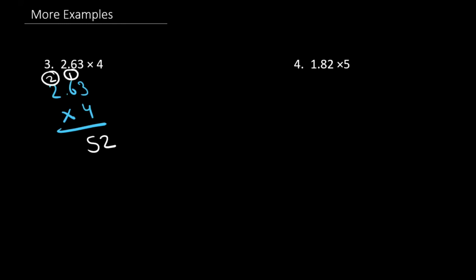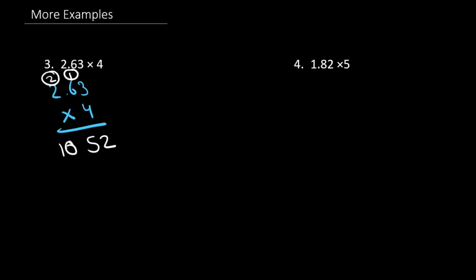Now, 4 times 2 is 8, and 8 plus 2 is 10. So our answer will have the digits 1, 0, 5, and 2. But 1052 is not our answer because it has to have a decimal point and our answer is much smaller than 1052. So ask the question, repeat the question.